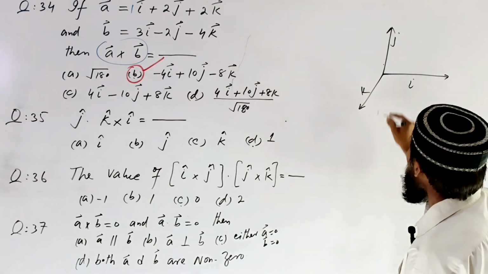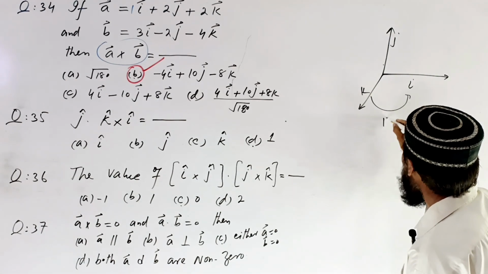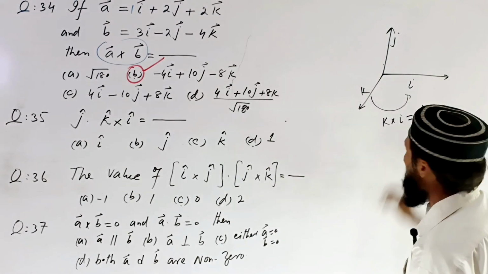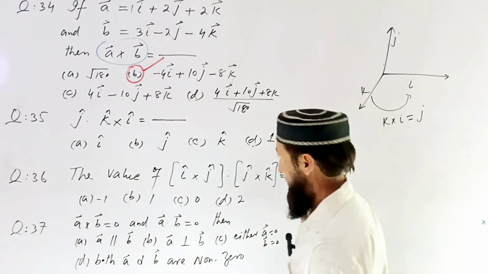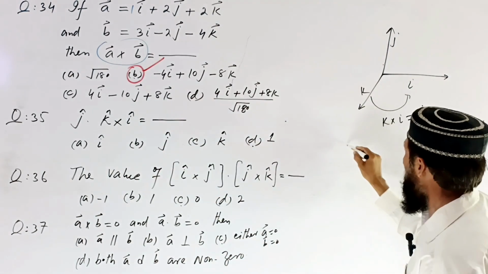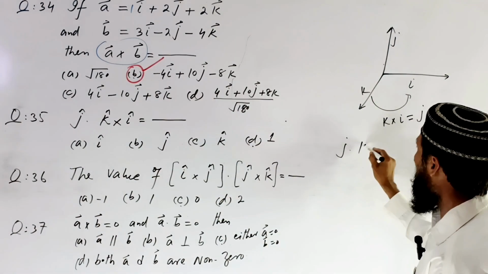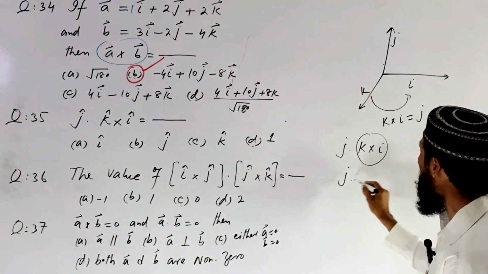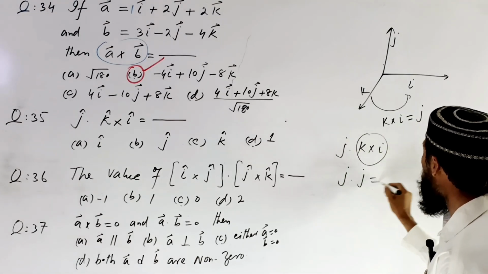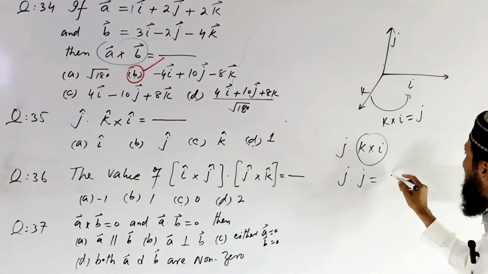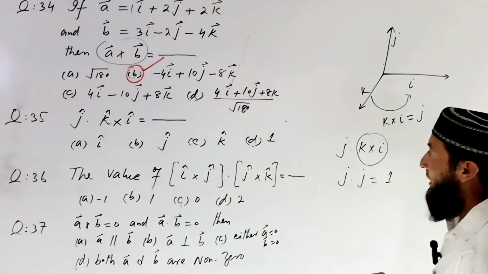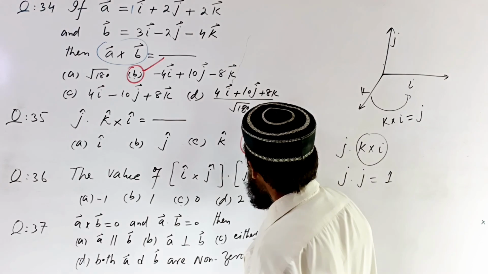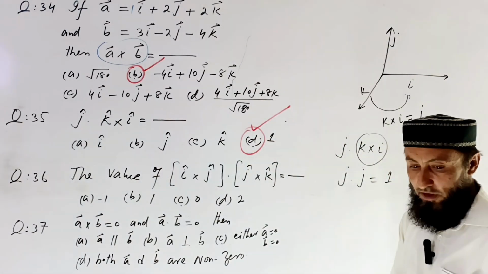So k cross i is given, and the result is equal to j. If we put j dot (k cross i), in place of this result we put j dot j, and j dot j gives the result 1. So D is the correct answer.